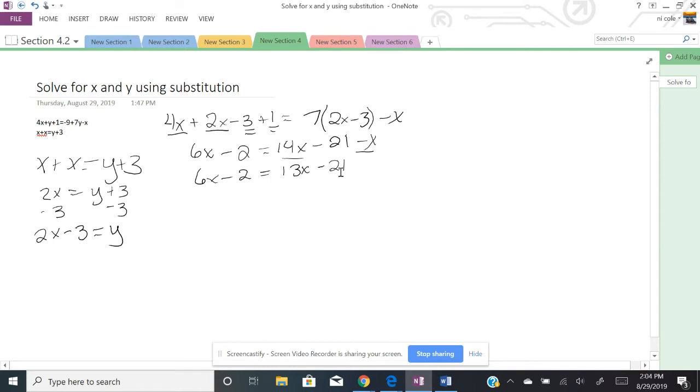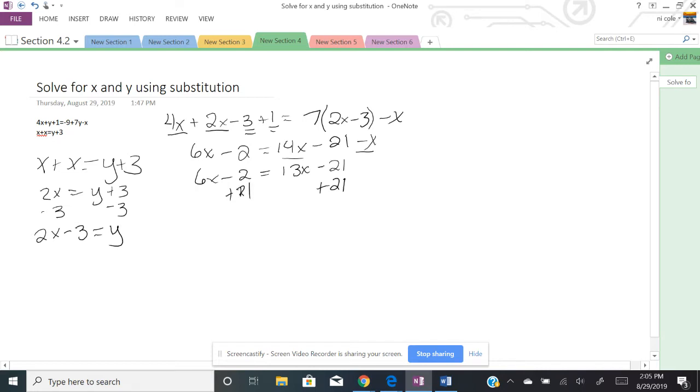All right, next thing. Oh my goodness, that is kind of yucky. The next thing I want to do is get all the terms on one side. So I'm going to do this in one step.